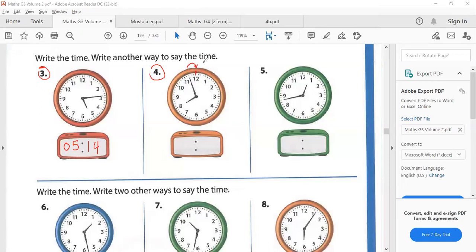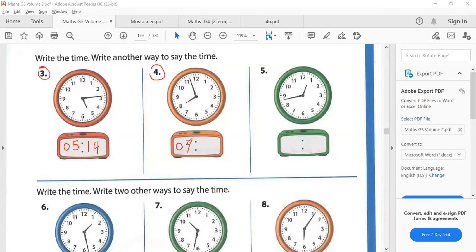So before we reach 8 o'clock by a few minutes, by 4 minutes? By 3 minutes. Excellent. We need 3 more minutes for 8 o'clock. So we didn't reach 8, so it will be 7, right?